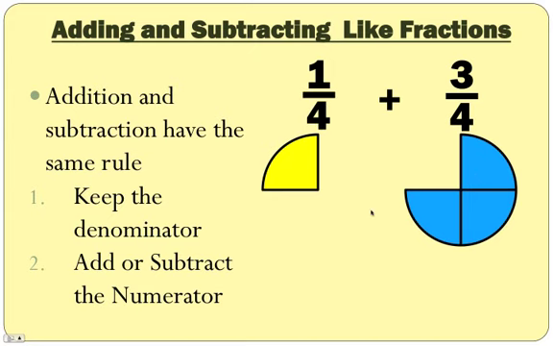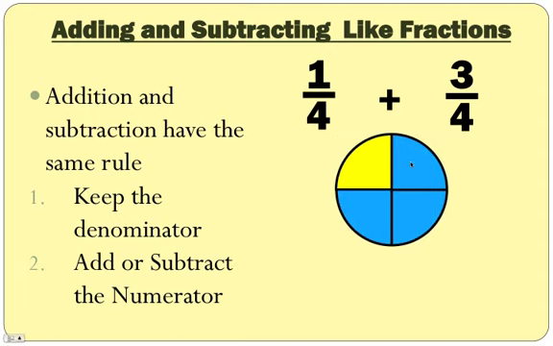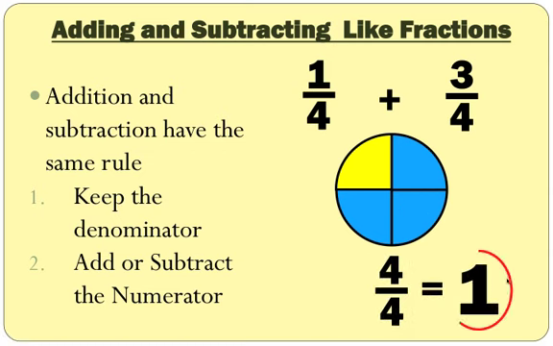Now remember why I said the denominator is so important. Look at the size of these pieces. Because the pieces are the same size, I can put them together and it gives me a very crystal clear answer. There's 4 out of 4 pieces here. Therefore, we have 1 whole now. And that's our final answer. 1/4 plus 3/4 gives us 4/4, which as you can see here, gives us 1 whole.